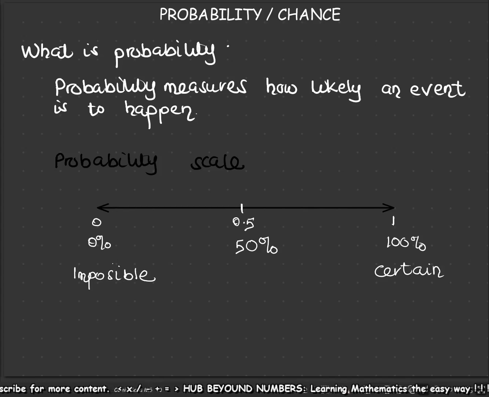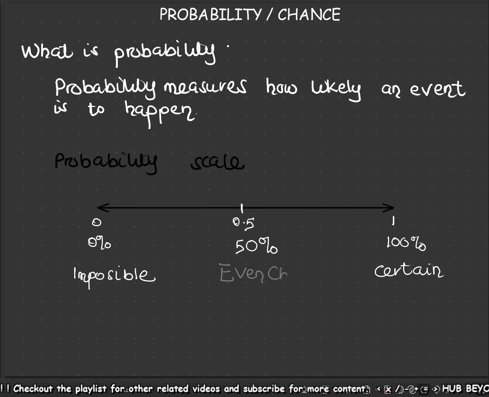So with the extremes, we have an impossible event, that is 0, and a certain event, which is 100%. Then midway here, we have what we call an even chance of occurrence. When an event has an even chance, it means it is likely to occur, and it is also likely not to occur.